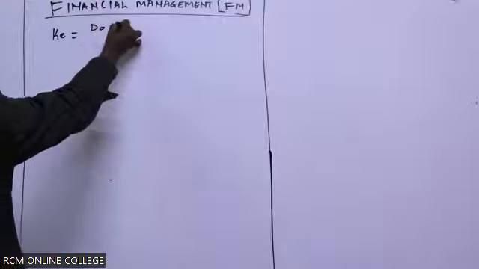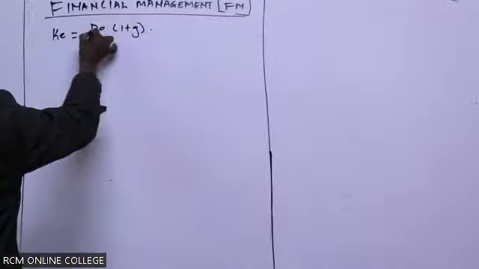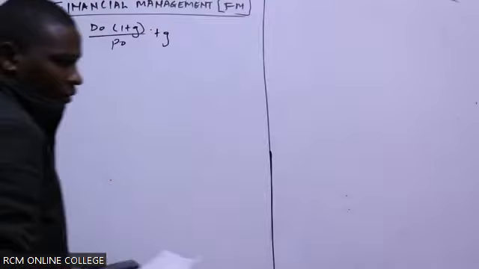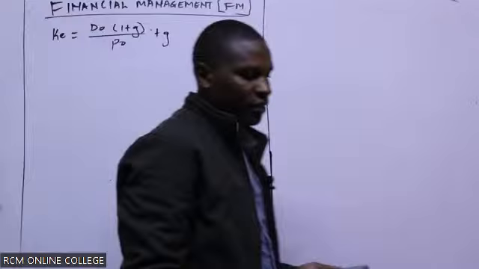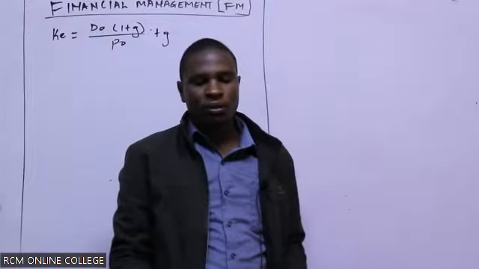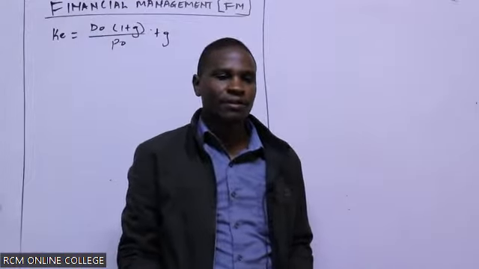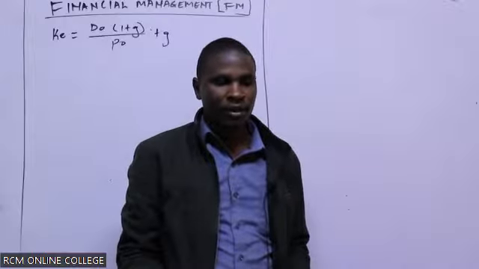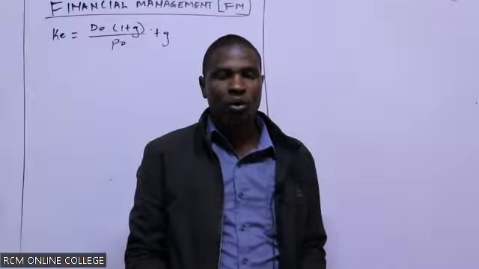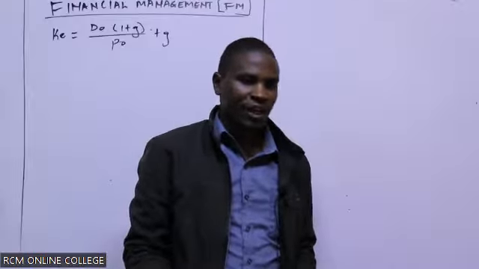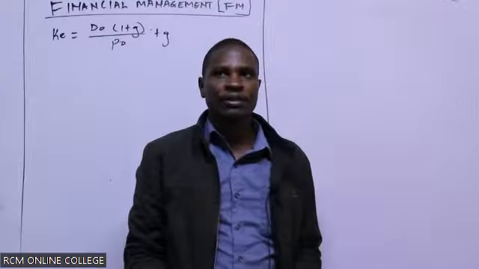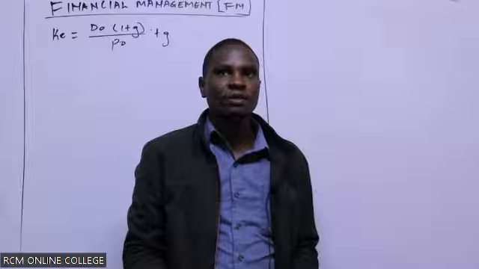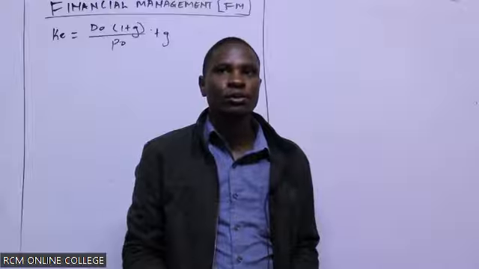D0(1 plus g) over P0 plus g. You see, that is what we mean: that the cost of existing ordinary shares, in brackets already issued shares. The existing ordinary shares are the already issued shares.